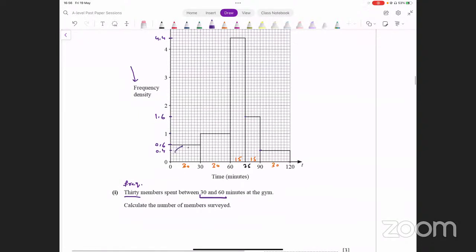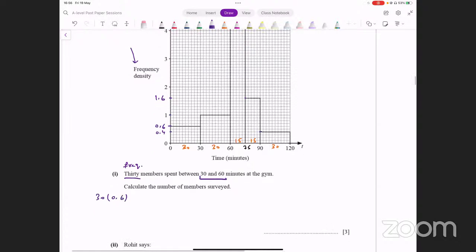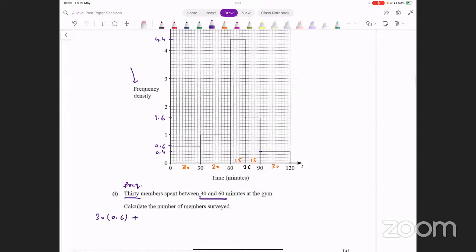अब फर्स्ट वाला देख रहे हैं, ये वाला रेक्टेंगल 30 into 0.6. ये वर्किंग आपको दिखानी है यहाँ पे. It's a 3 mark question. We have to write down how you're getting that final result. 30 into 0.6. Now let's look at the second rectangle. That's 30 into 1.